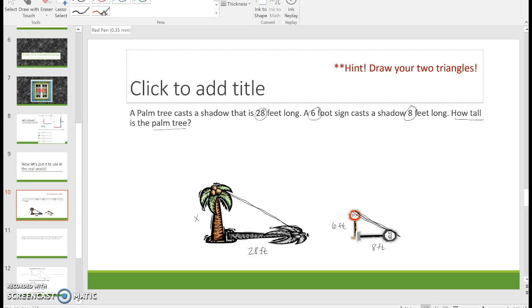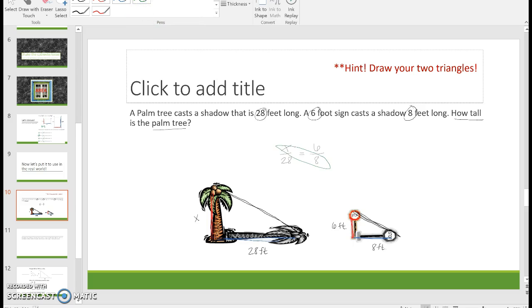Same exact thing that we've been doing. We have the height here and the height here, and the shadow here and the shadow here. So we're going to set up our proportion now. I'm going to do the palm tree first. So x over 28 equals 6 over 8.